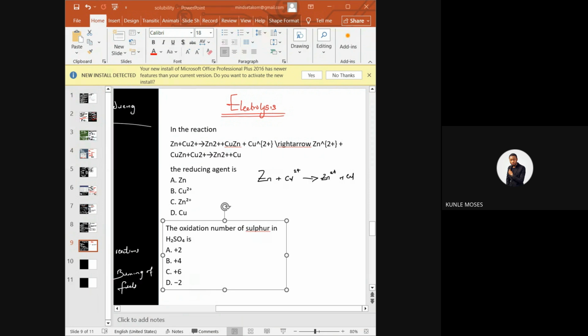C, zinc. D, potassium permanganate, KMnO4.